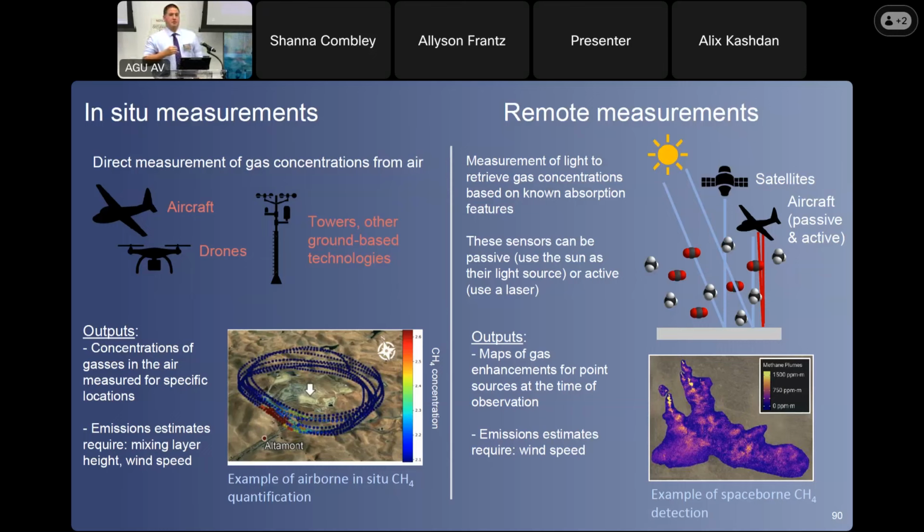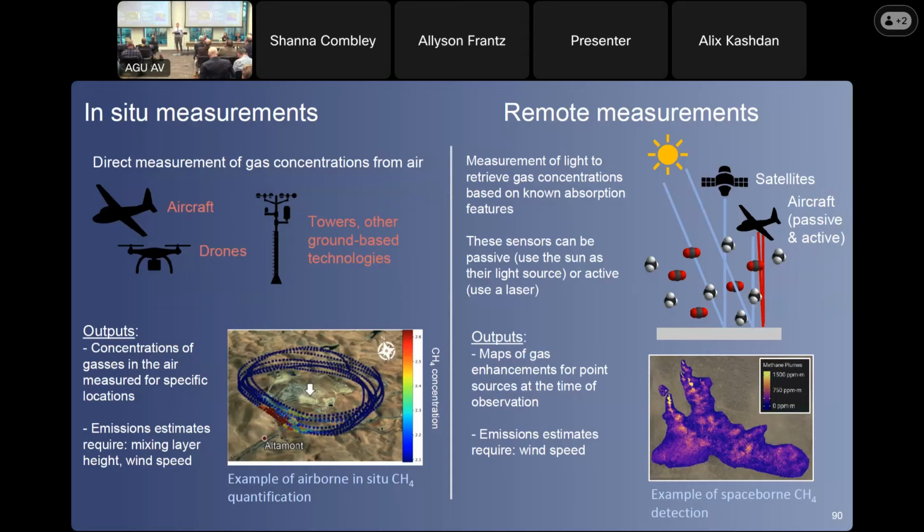There's also remote sensing technologies that measure light and its interactions with greenhouse gases. There are active systems that use a light source like a laser, and passive systems that use the sun, as an example. These technologies output two-dimensional maps of plumes. The right-hand figure shows a set of methane plumes from Turkmenistan observed from EMIT. We can ultimately estimate emission rates from this type of imagery if we incorporate wind speeds.